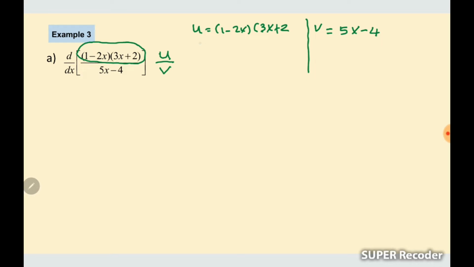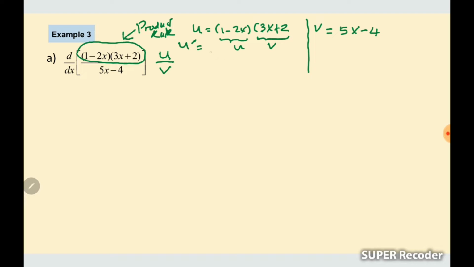So to get u prime, you need to do the product rule here, by letting 1 minus 2x be u and 3x plus 2 be v. So in the quotient rule we have the product rule.